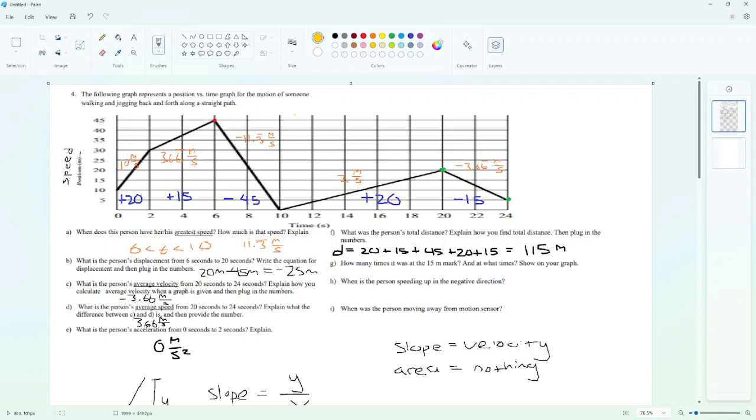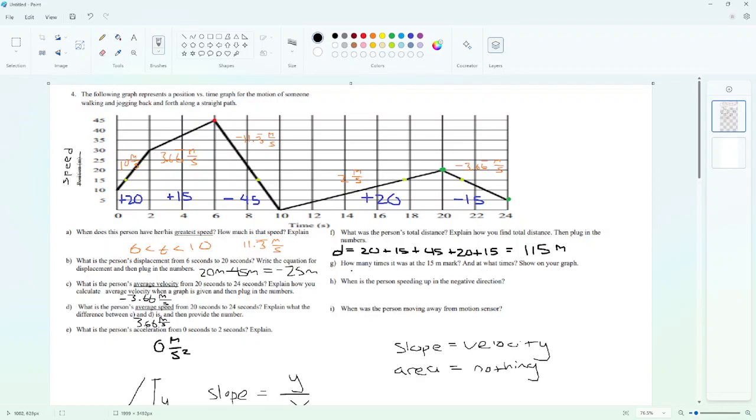How many times this person was at a position of 15? So let's see. At 15, we have one here. We have another here. We have one more here. We have one more here. So, as far as I can see, there are 4 times where this person or thing is at the 15 meter mark.